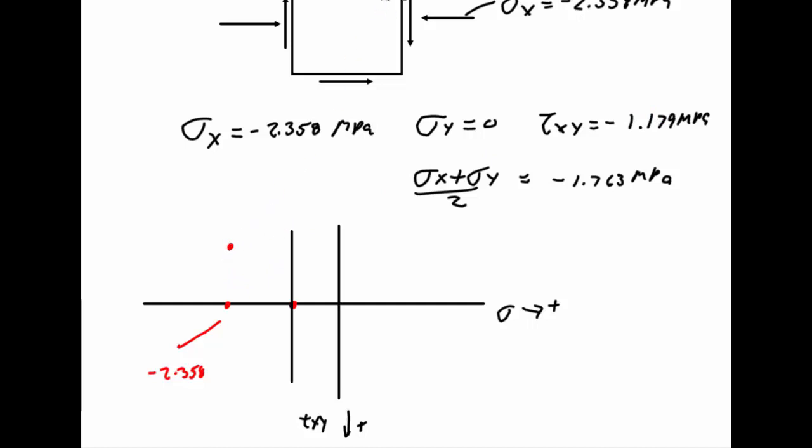That right there is going to give you the radius of your circle from that point to that point. Okay, from here we can draw our circle.